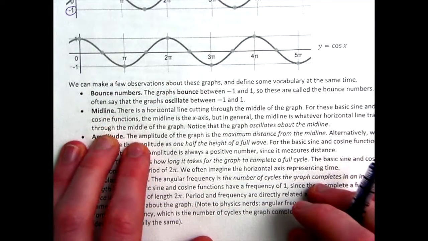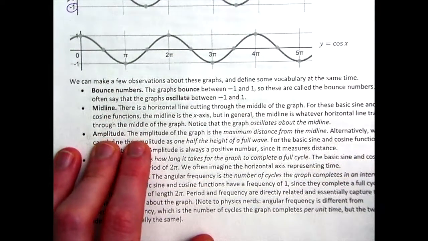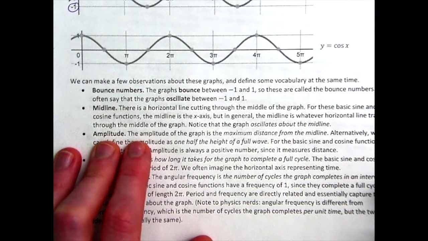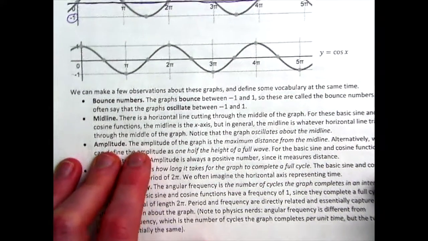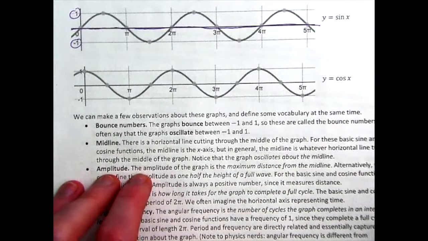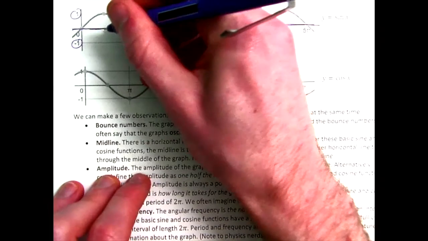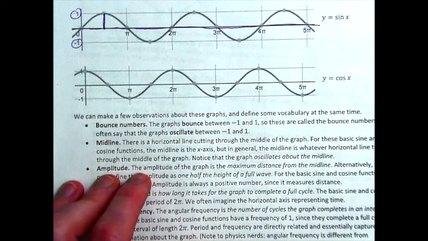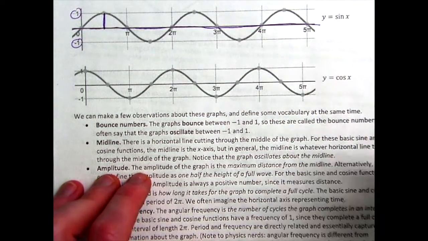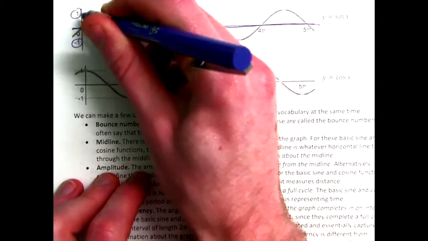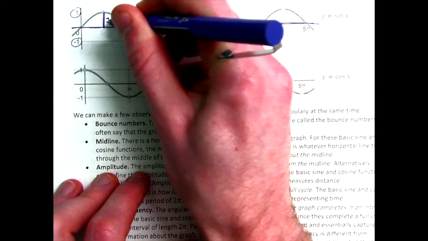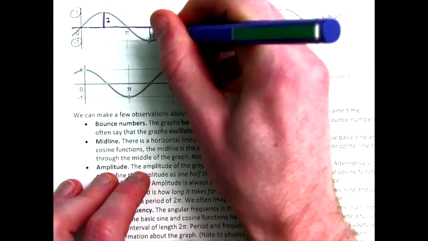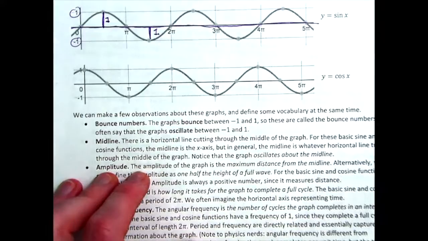Then we have the amplitude. So what is the amplitude? The amplitude can be described in a few different ways. You can describe it as the distance between the midline and the top of the wave. That distance right there is the amplitude. If you look, that distance going from 0 to 1, that amplitude is 1 right there. You could also see it this way. That is also 1, so that's the amplitude.